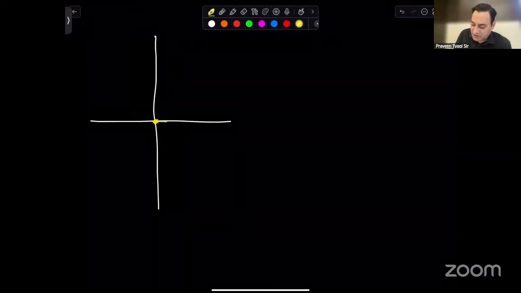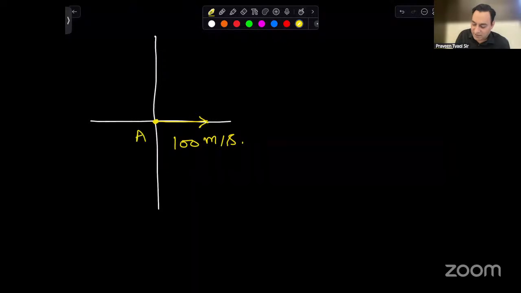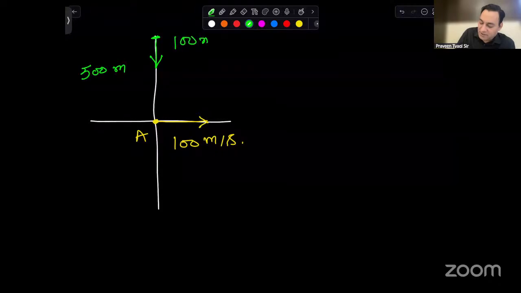His velocity is along the x-axis, 100 meters per second. I want everyone to answer this question. This is man A. There is another man at a distance of 500 meters, and he is moving towards the origin along the negative y-axis in this direction, and his speed is 100 meters per second also.